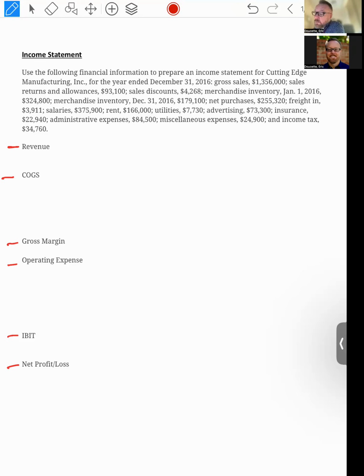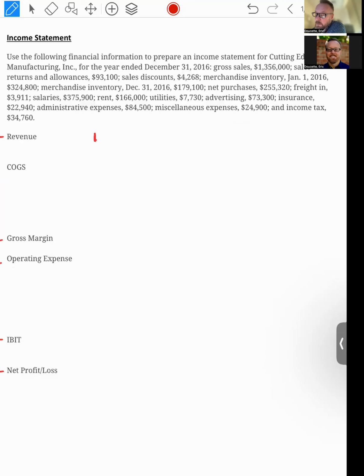So it says right here, gross sales for the year ending December 2016 was 1,356,000. So we'll just put 1,356,000. And then she did have some returns of 93,100, and she also had some discounts of 4,268.